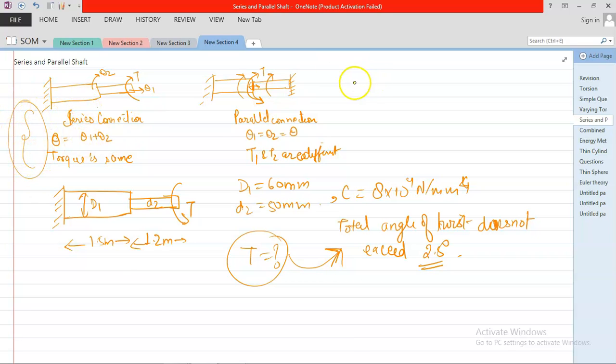Use this equation and also the torsion equation, T by J equals C theta by L equals tau by R. Please use this equation.